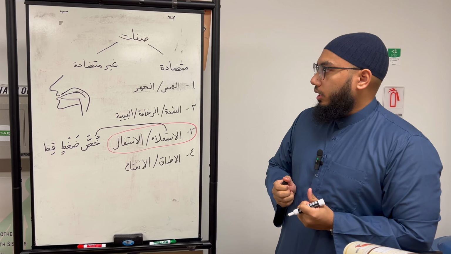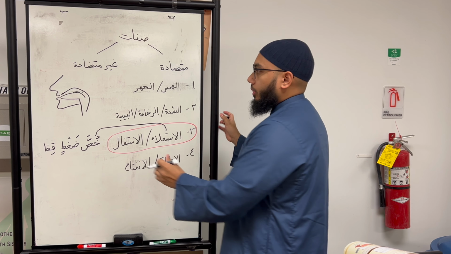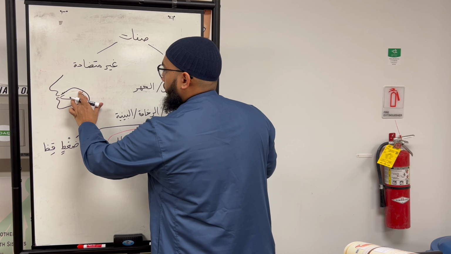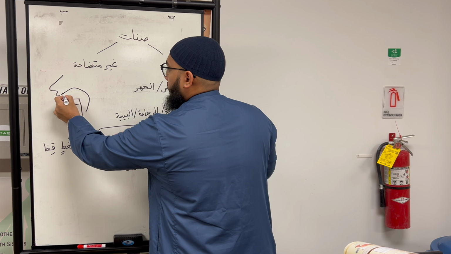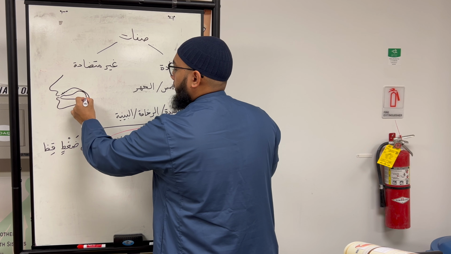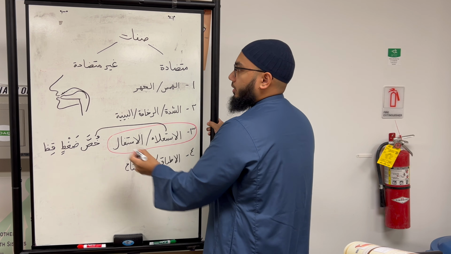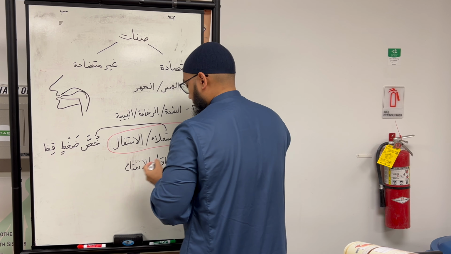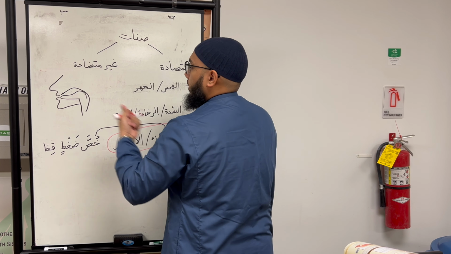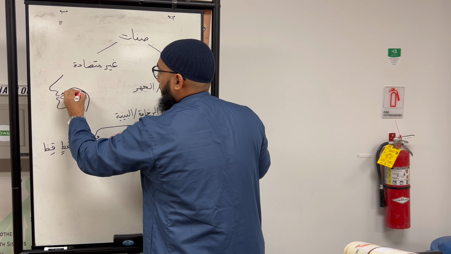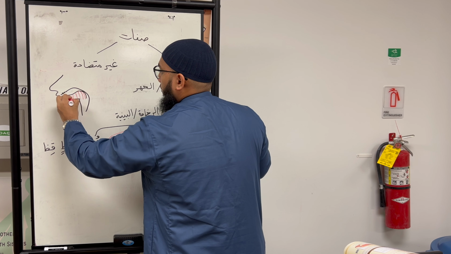What happens in al-isti'la is you change the shape of the tongue. You make the tongue flat here and big at the back. This is what happens to the tongue. This is the tongue. Turn it red. It is thickened in the back. Okay.